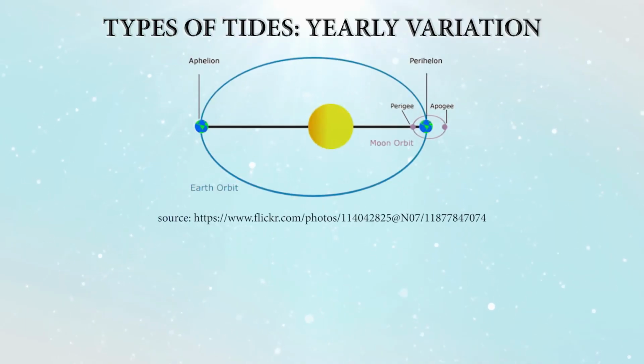Now coming to yearly variation. I have told you that the moon is revolving around the earth in an elliptical orbit. The earth is also revolving around the sun, and this orbit is not exactly circular, it is also elliptical just like the moon's orbit, with a major axis and minor axis, as the radii are not equal at all places.